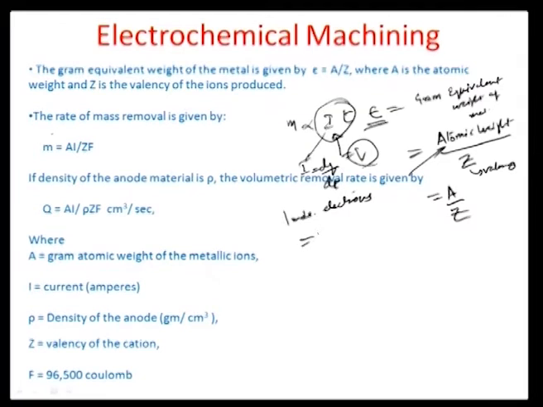And this 1 mole of electrons is 6.023 times 10 to the power of 23 times the charge of 1 electron, which is 1.6 times 10 to the power of minus 19, which would formulate the term 96,500 coulomb, which is also known as a farad, also described by the term F. Okay.